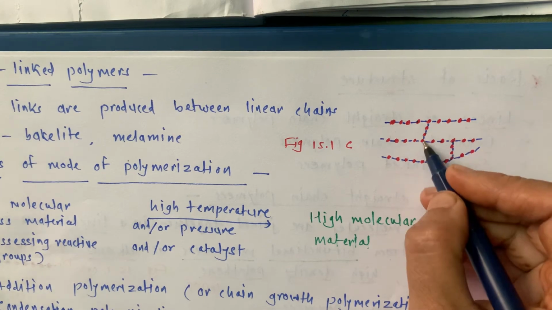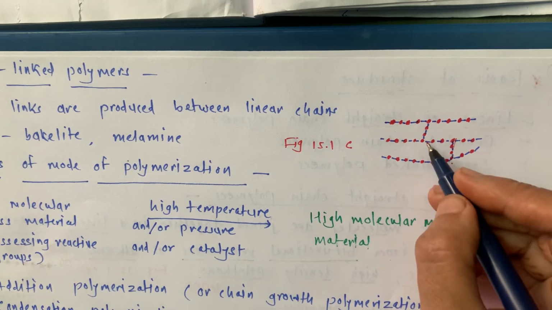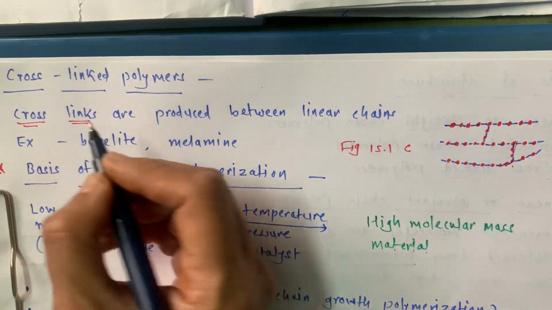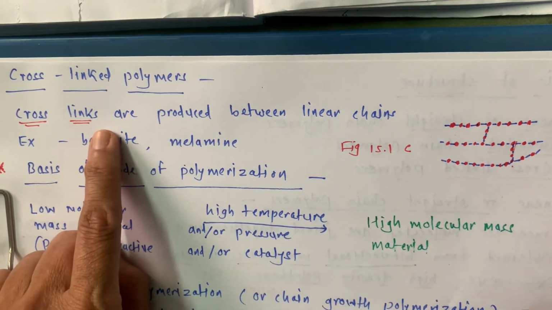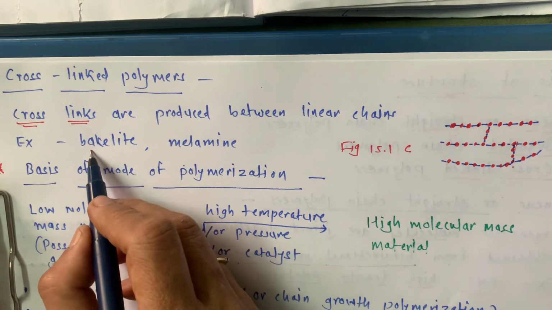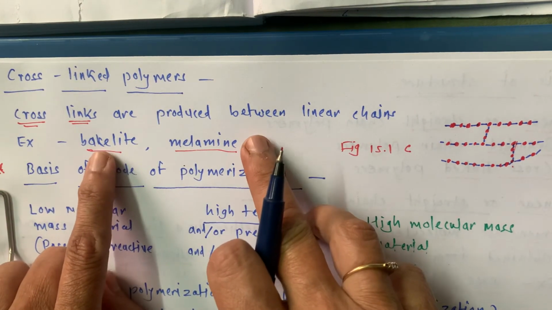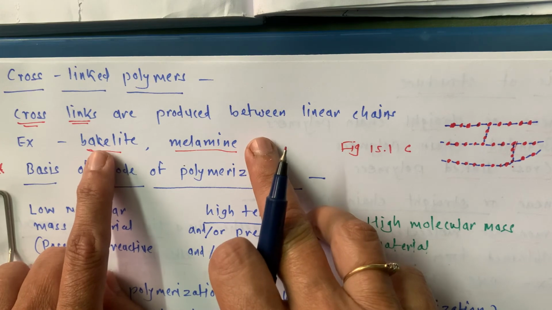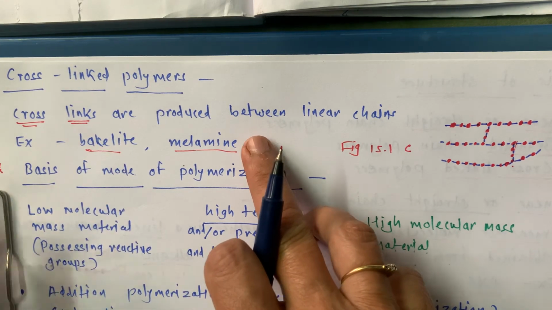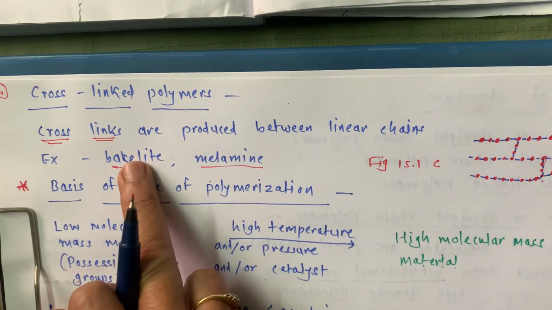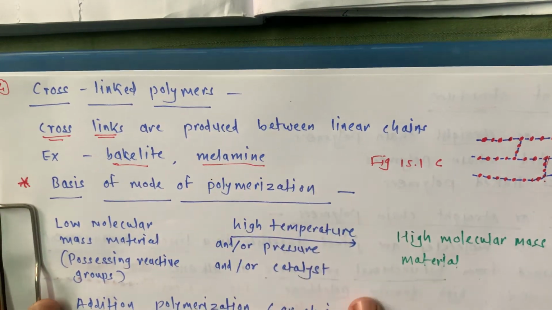Then they are linked to each other, and this is known as cross links. The examples are bakelite or melamine. In detail we are going to study all these things. Here it is just the introduction. What are the cross link polymers? That is bakelite and melamine.